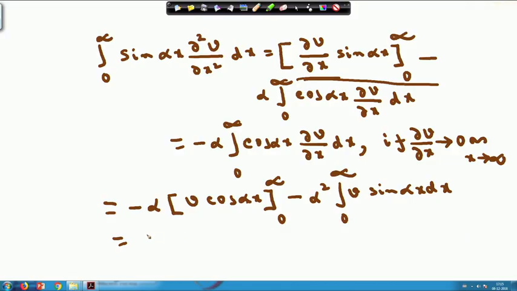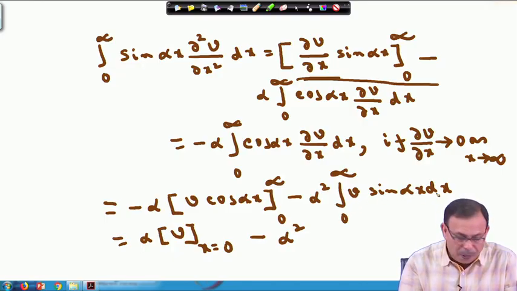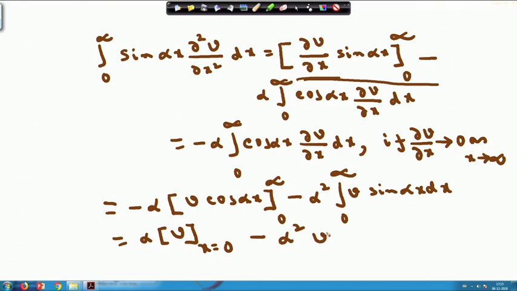So this I can write down: plus, for the lower limit, alpha into the value of v at x equals 0, minus alpha square into, this is nothing but the Fourier sine transform of v, 0 to infinity v sin alpha x dx. So this will be alpha square into v bar s.